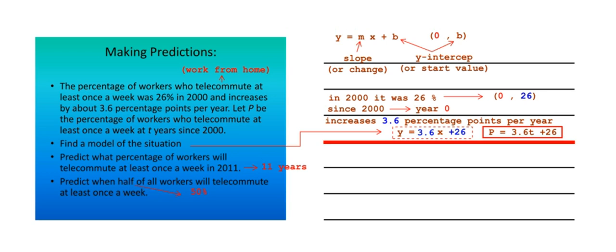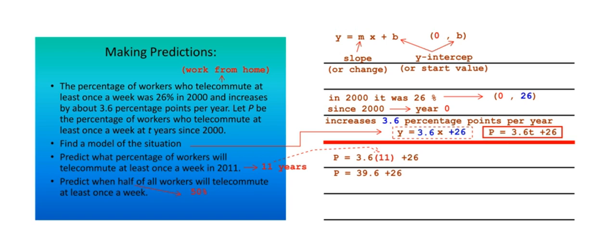Okay, let's try the next part. Predict what percentage of workers will telecommute at least once a week in 2011. That means 11 years have passed, right? So in the previous formula we found P equals 3.6T plus 26. The T becomes 11. So we substituted with an 11 because it's 11 years. Agreed? And now we're just simplifying. So 3.6 times 11, 39.6.